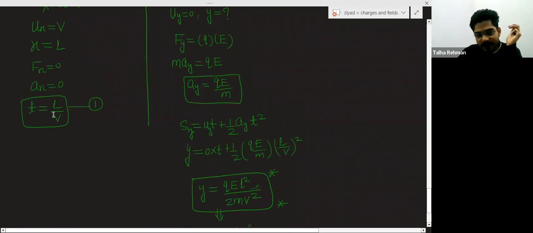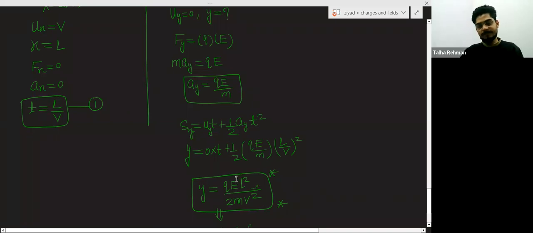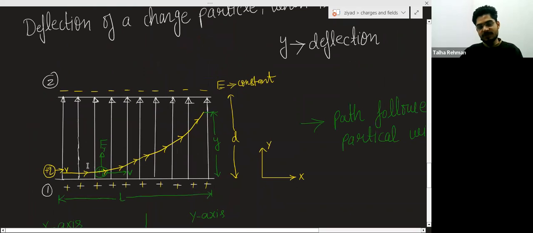Basically, this is the equation, but here t square should be there. And this velocity is a variable quantity. It will change. Initially, there will be some other velocity here.